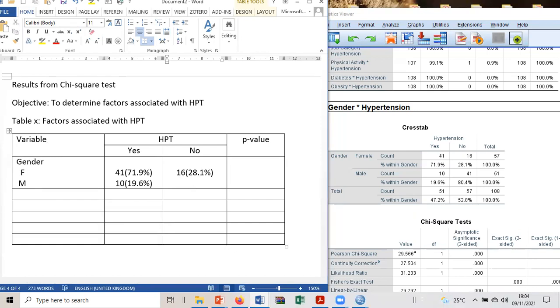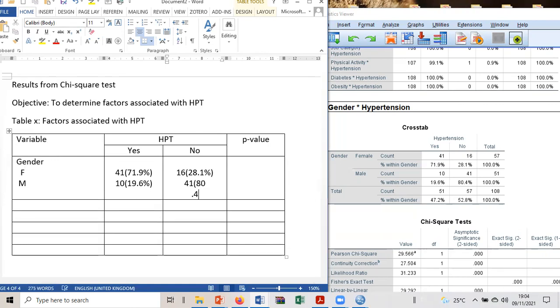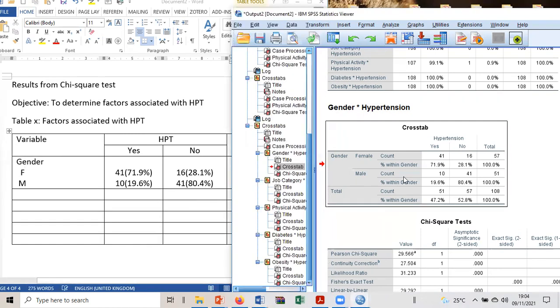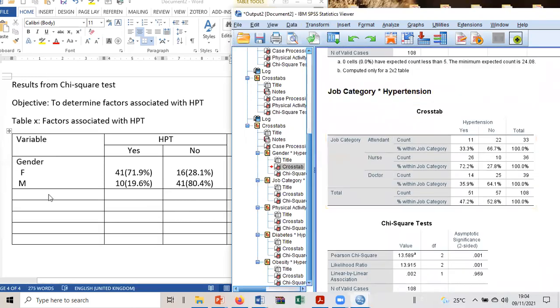Next one, 41, 80.4%. And the p-value, there's a p-value less than 0.001. Do this completely for all the tables.